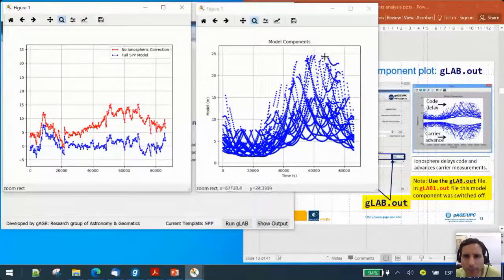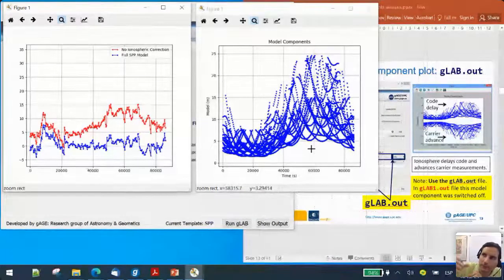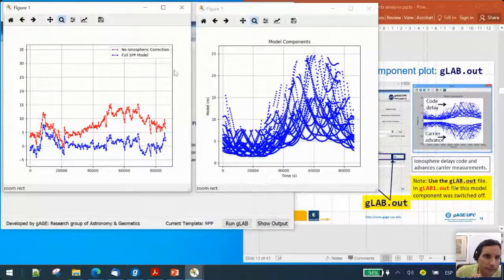To give a number, look at the epoch 60,000, a little bit before, a little bit later, and we can see that neglecting or not neglecting the model really makes a difference in the positioning domain.